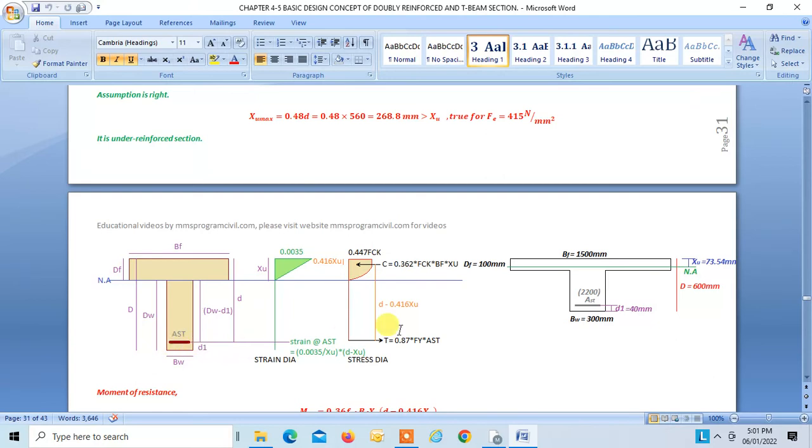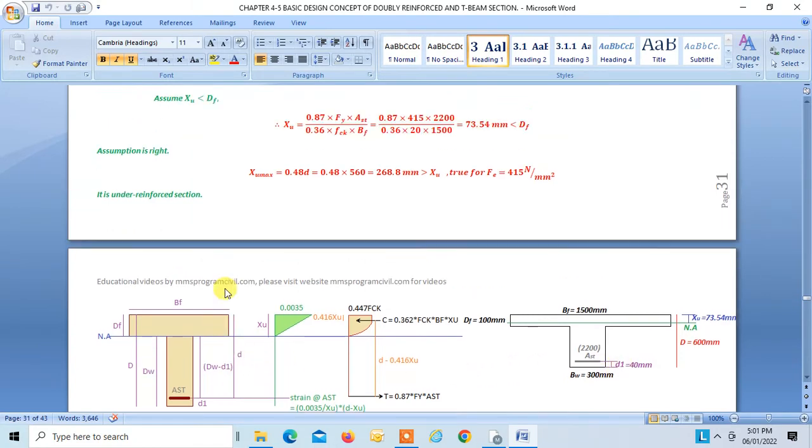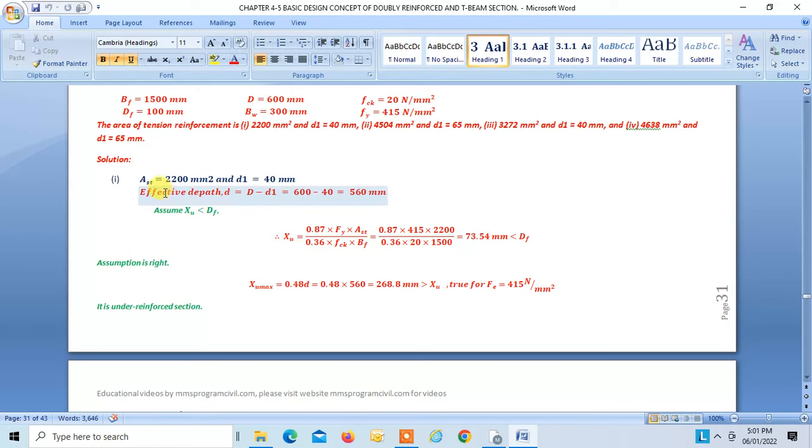So the effective depth D is D minus D1, and for case 1, when AST is 220 and D1 is 40, the effective depth is equal to 560.